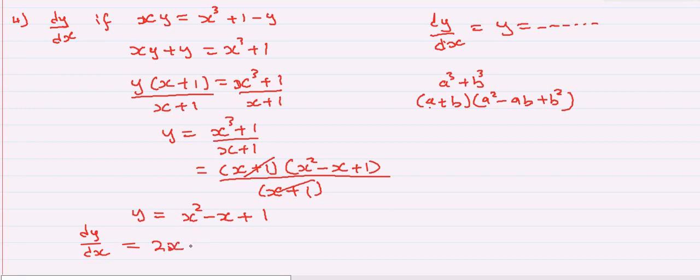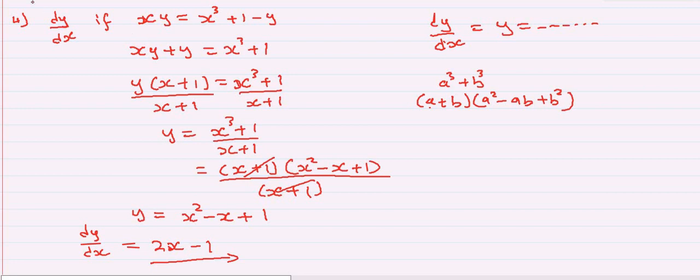Derivative of x is 1. Derivative of a constant is 0. So now we have 2x minus 1 as the derivative of xy equal to x cubed plus 1 minus y. So always try to simplify what you are given, then after apply the rules.